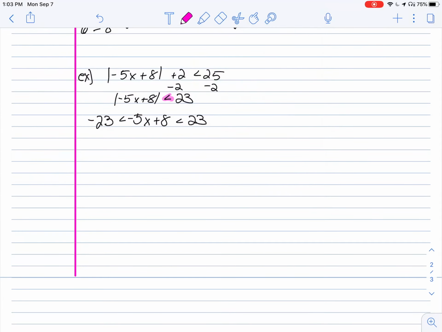And then from here, I'm going to solve. So I'm going to subtract 8 on both sides. So I have 23 minus 8, which gives me 15. And then we have -5x because those cancel. And then -23 minus 8 gives me -31.